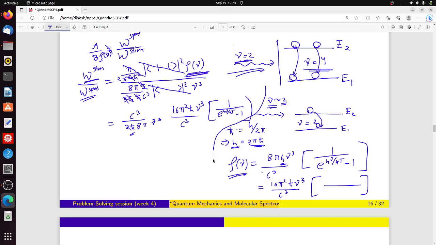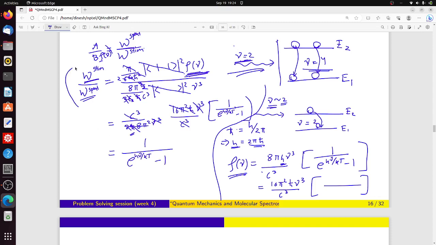So everything should cancel now. c cube cancels, nu cube cancels, h cross cancels. There was pi cube, 1 pi cancels, so this should be pi square. So 8 into 2, 16 pi square, 16 pi square cancel. So effectively we have 1 over e to the power h nu over kt minus 1.